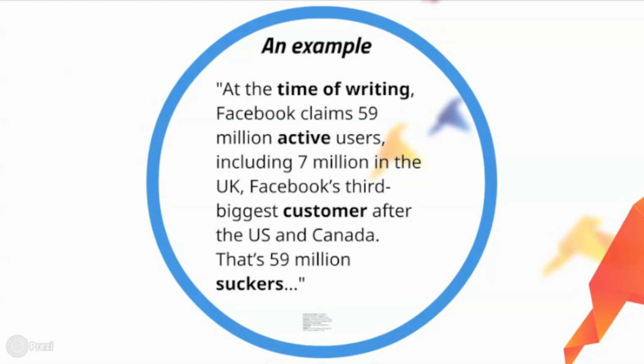So I have bold printed some of those words or phrases, and I want you to have a think about what those words suggest. So what do they suggest about how the writer feels about Facebook or about Facebook itself? So if you want to pause the video, have a think now, and then in just a moment we're going to look at some of the answers.